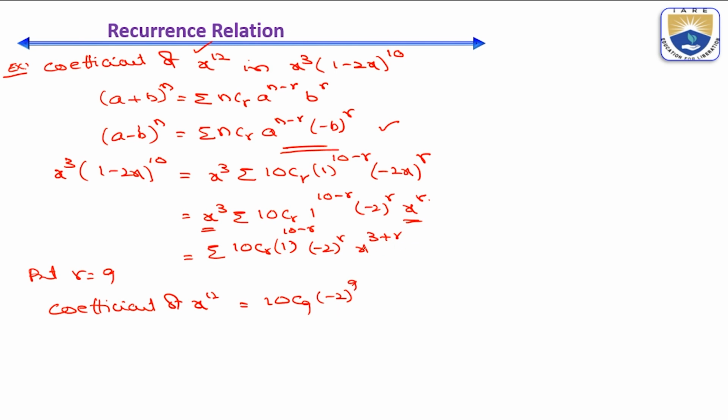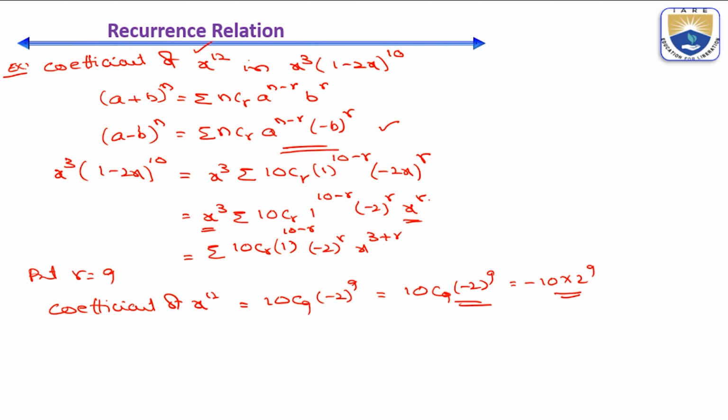And of course this is x to the power of 12. So we are going to get 10C9 into minus 2 to the power of 9. 10C9 is equal to 10, and so it is minus 10 into 2 to the power of 9.